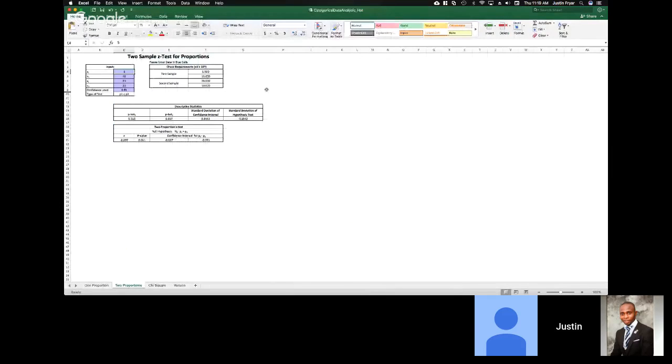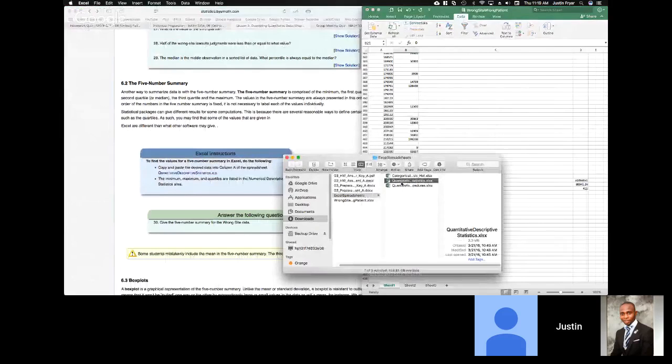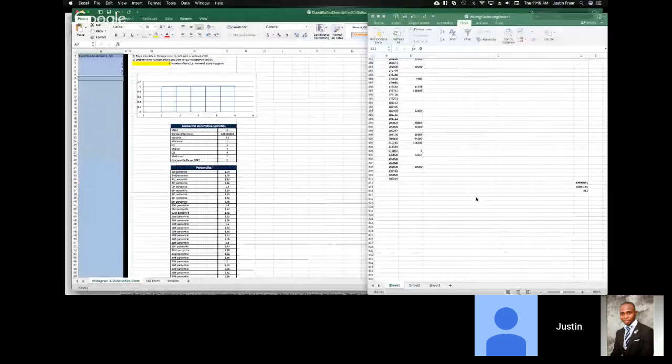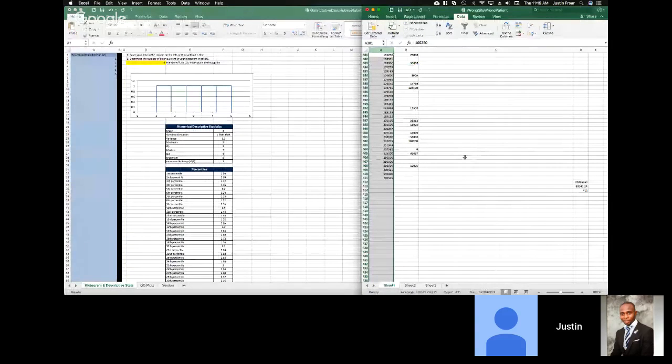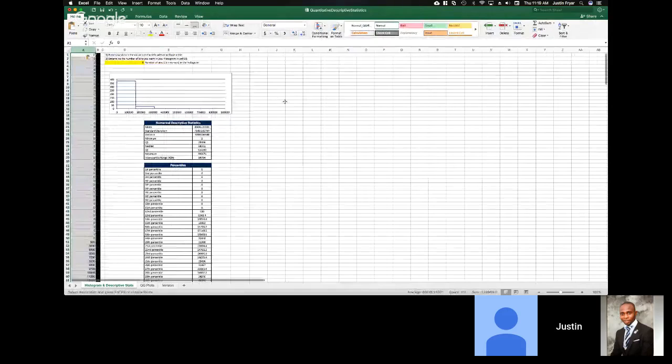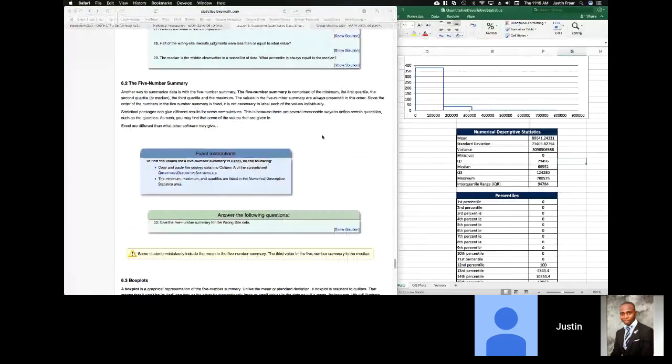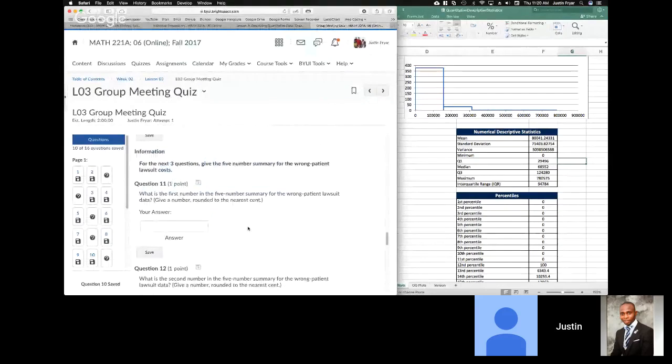Let's see. A little analysis here. Was the first number in the 5-number summary from the wrong patient lawsuit data?